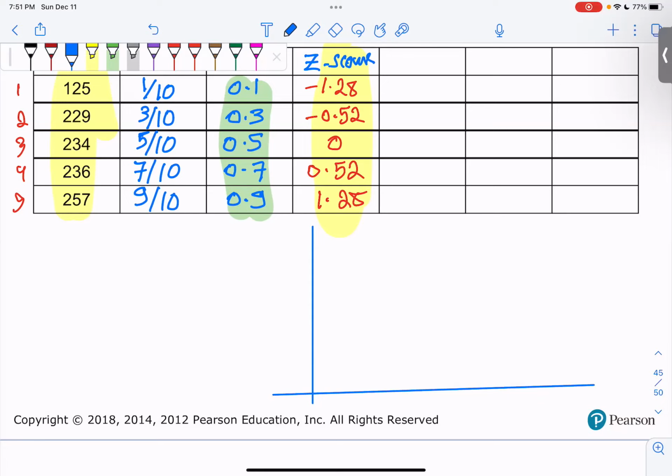So here, let's say we have 100, and then 125, 150, 200, 225, and then 250, and then 275, maybe. And then here, maybe we have negative 1, 0, 1, and so on, right?